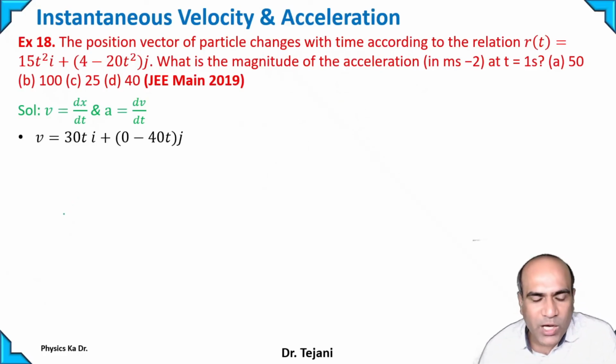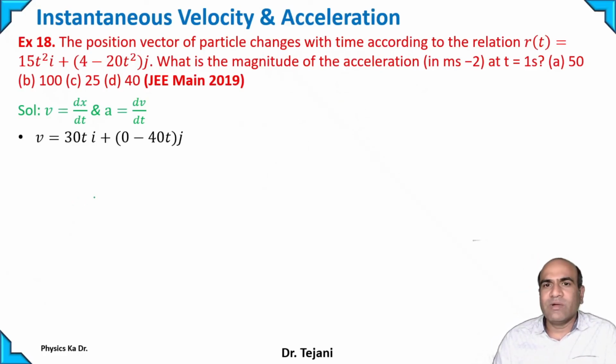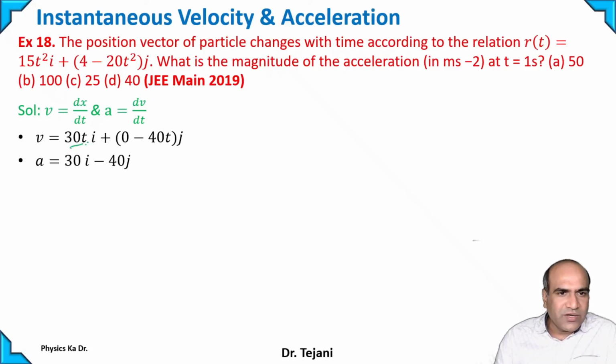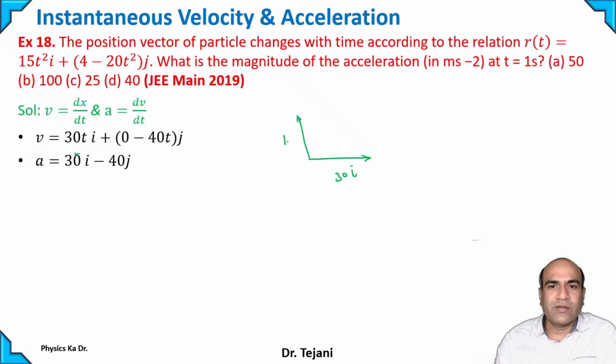So now we have velocity, but we need acceleration. Let's differentiate once again. So 30t becomes 30, 0 is not required, 40t becomes 40. So acceleration has 30i and 40j, along the x direction and along the y direction.